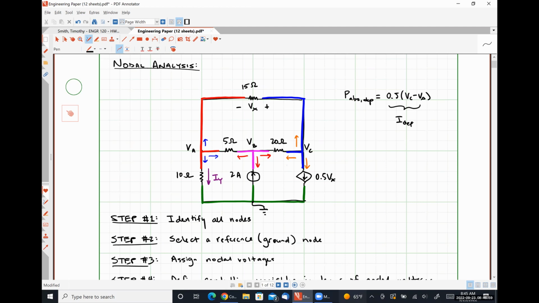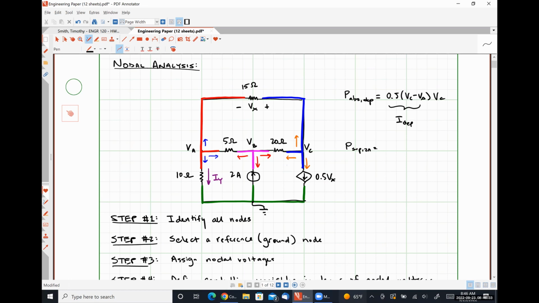What's the voltage drop across the dependent source, where the current's flowing into the positive polarity terminal? Positive Vc. So knowing those voltages, we're now able to calculate the power absorbed by this dependent source. What if we wanted the power supplied by the 2 amp source? Anybody have any thoughts? What's the current supplied by the 2 amp source?